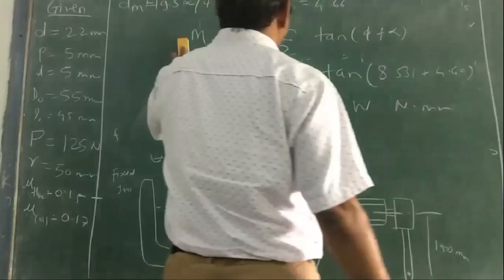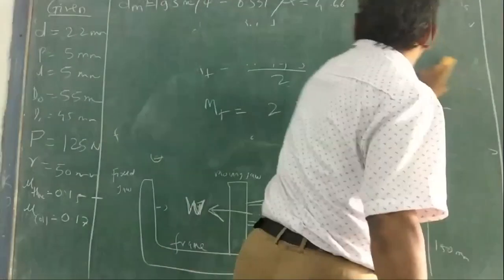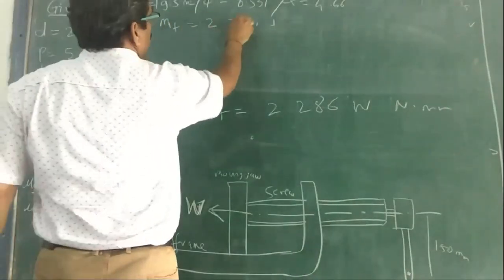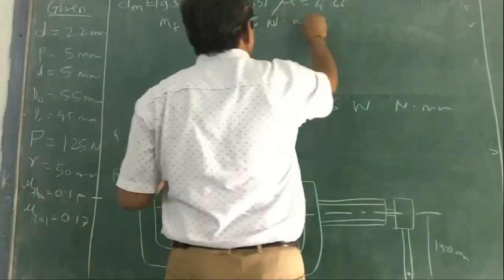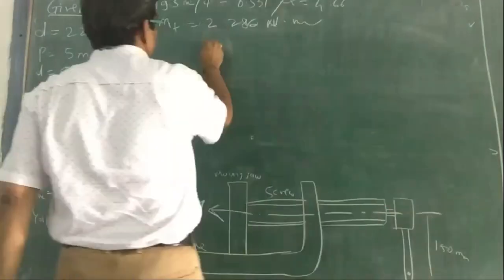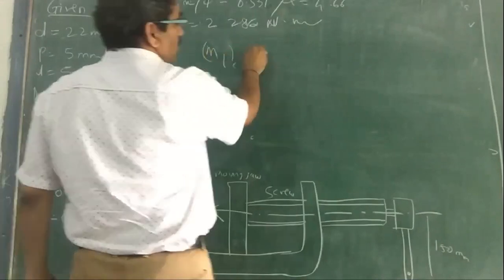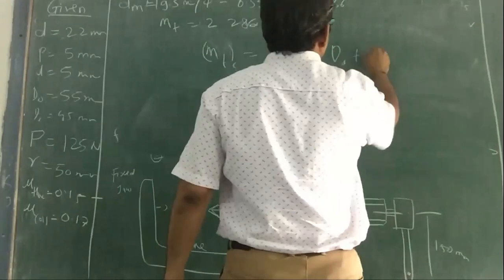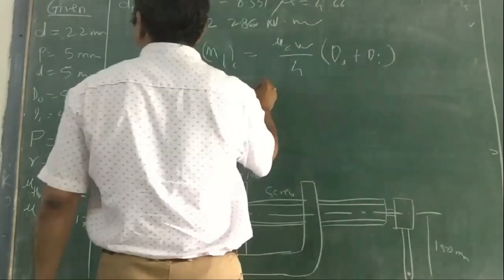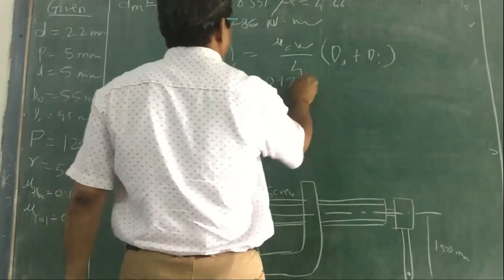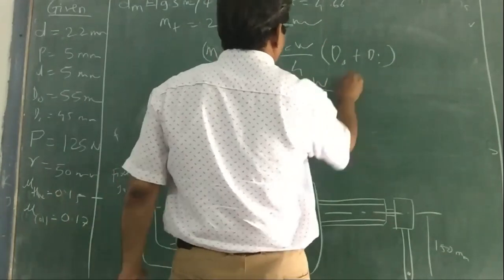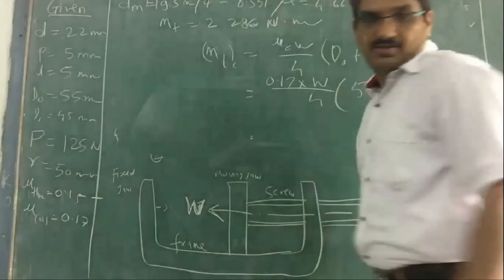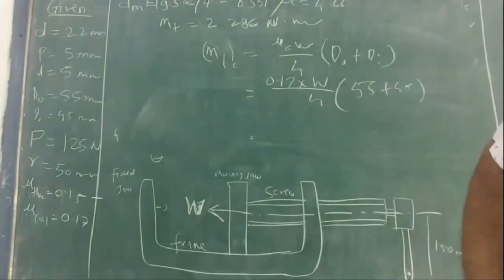Now we will try to find MTC. We got MT as 2.286 W Newton mm. Now MTC, the collar friction torque, is mu c W upon 4 into (do plus di). Here mu c is given as 0.17 into W, which we don't know, into 4 times (do is 55 plus di is 45).